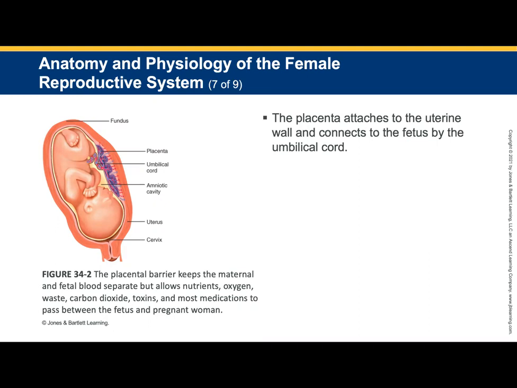Anything ingested by the pregnant woman has the potential to affect the fetus. The umbilical cord connects the woman and fetus through the placenta. The umbilical vein carries oxygenated blood from the placenta to the heart of the fetus. The umbilical arteries carry deoxygenated blood from the heart of the fetus to the placenta.